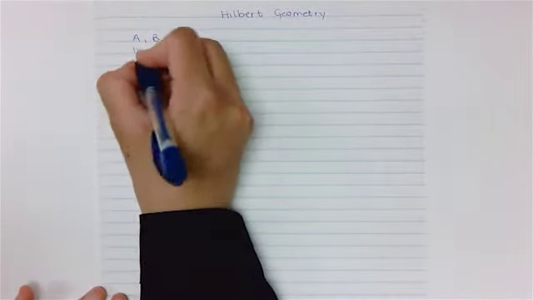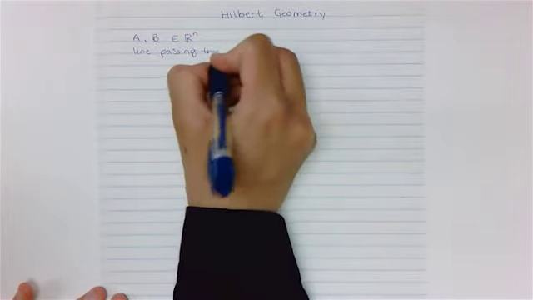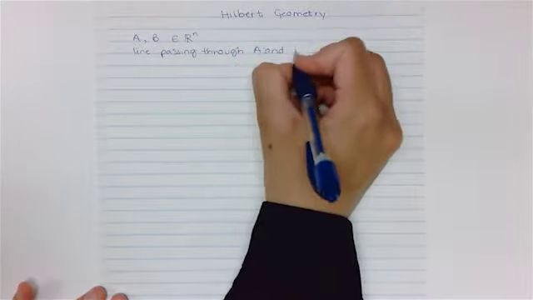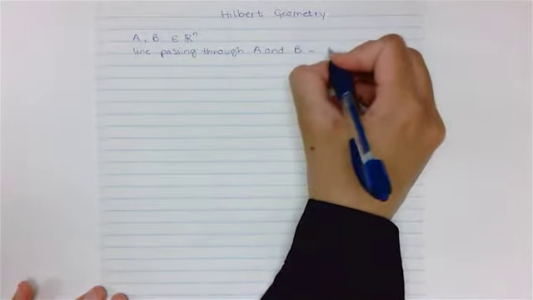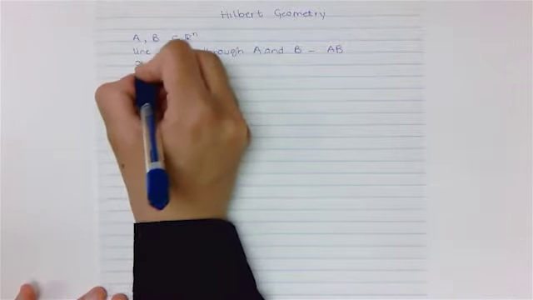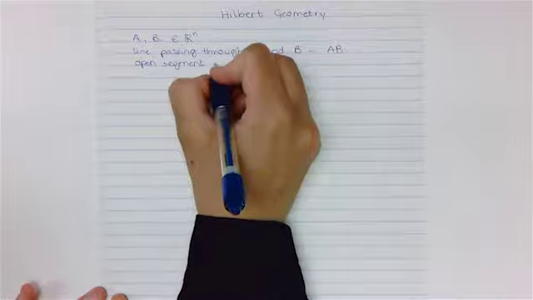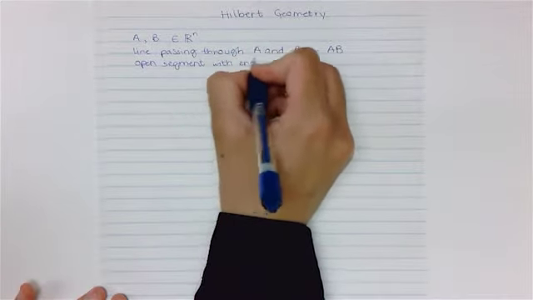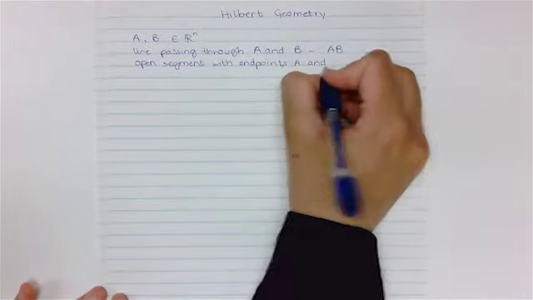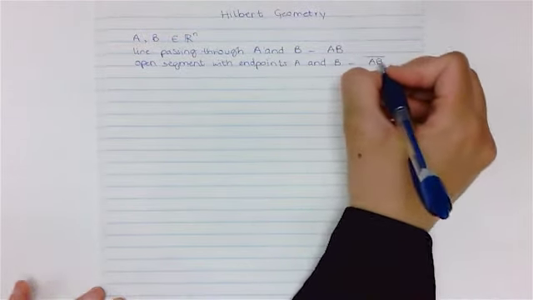Now, the line passing through points A, B is denoted by AB, whereas the open segment with endpoints A and B is denoted by AB bar.